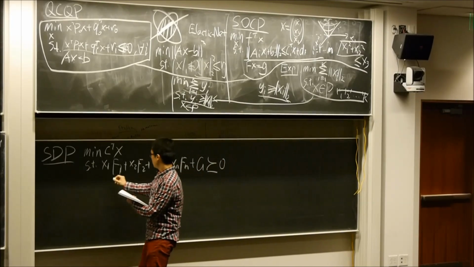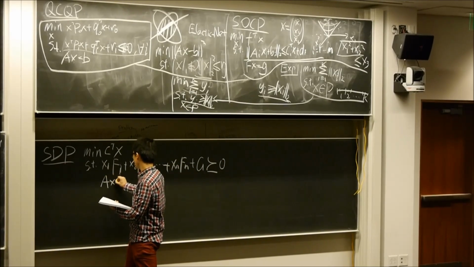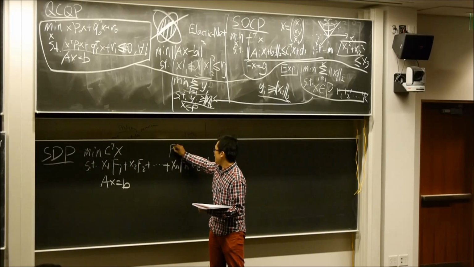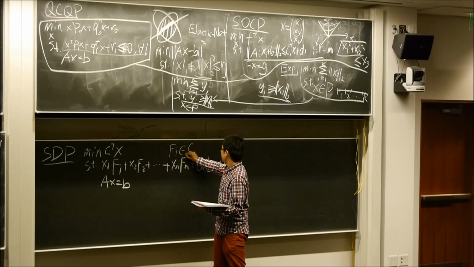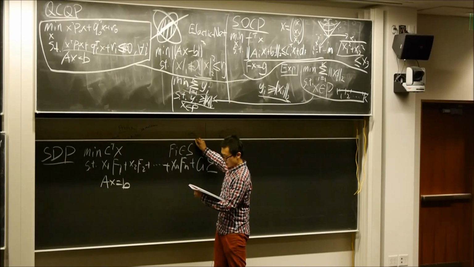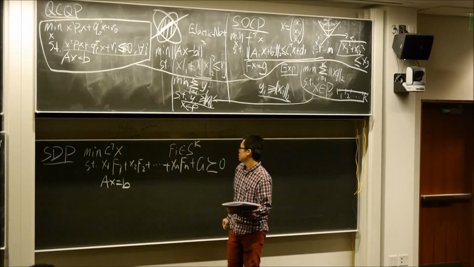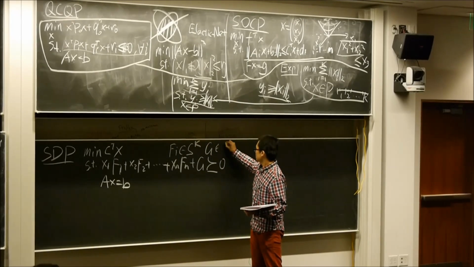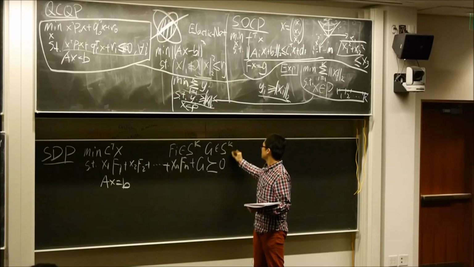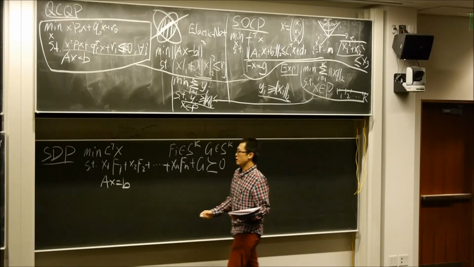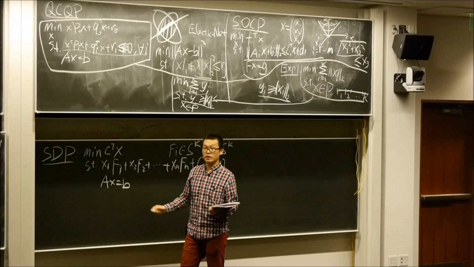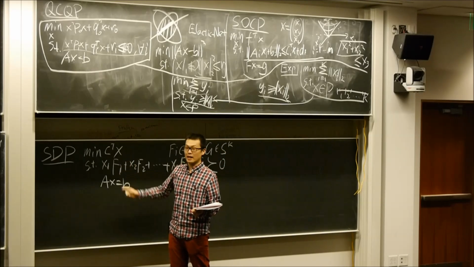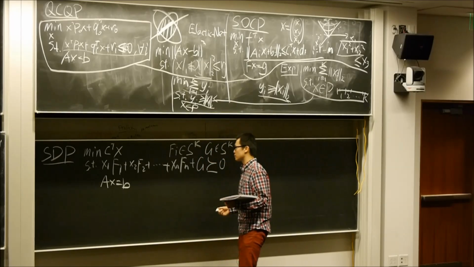And in the standard form, they also have Ax equals b here. So all these F_i, they are symmetric matrices. All the F_i and G are also symmetric matrices. And x1, x2, they are all just entries of the vector x, so they are scalars.